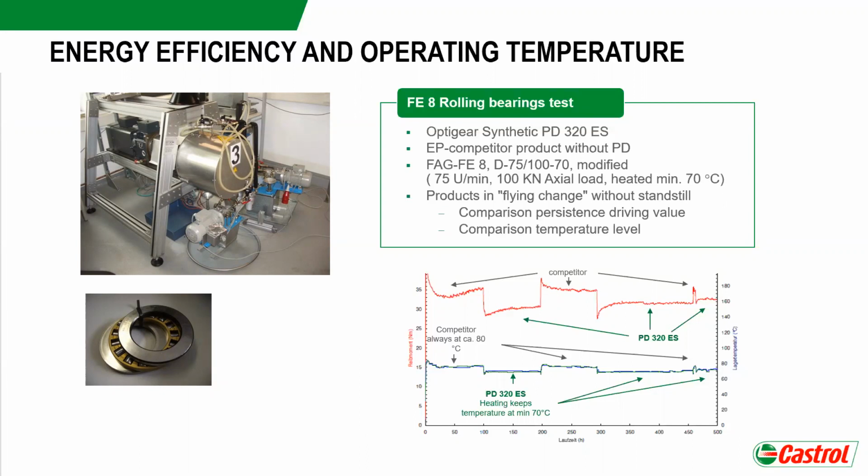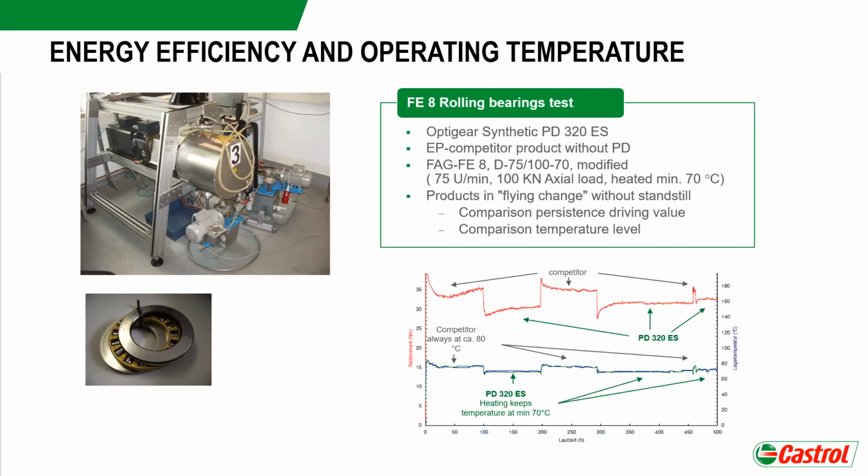The next step was to swap back to the competitor and see whether the improved surface will prevail and still give the benefits to the component. This is not the case. As soon as you remove the product with PD technology, a typical lubrication layer, a typical EP or AW reactive friction layer will form on the surface and will not protect the surface similarly to PD technology.